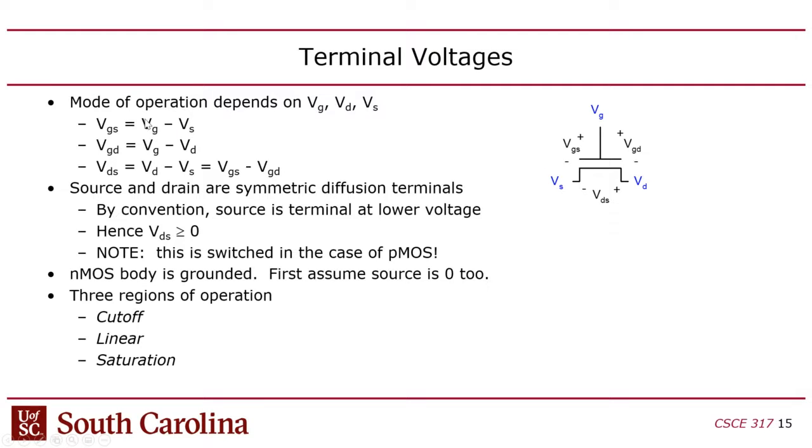So VGS would be the voltage of the gate minus the voltage of the source. You can also have VGD, which is VG minus VD, and then VDS, drain source, is the voltage drop across the source and drain.